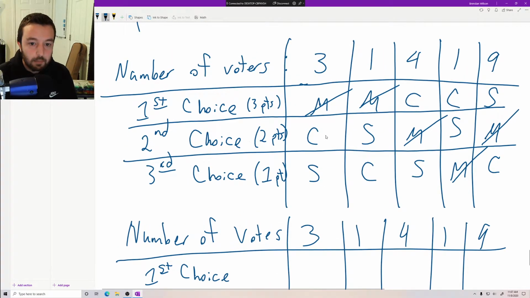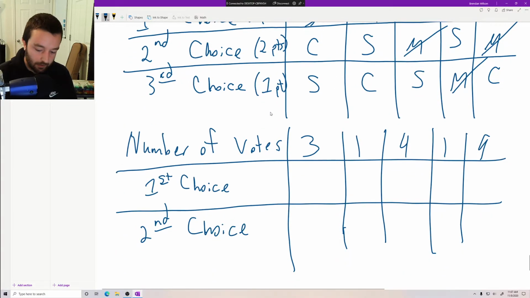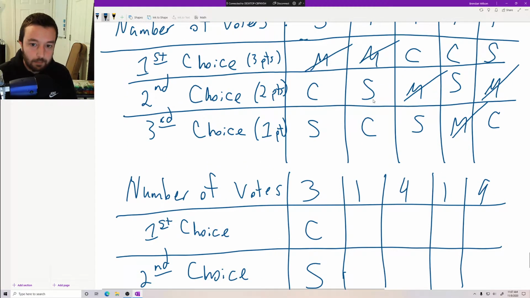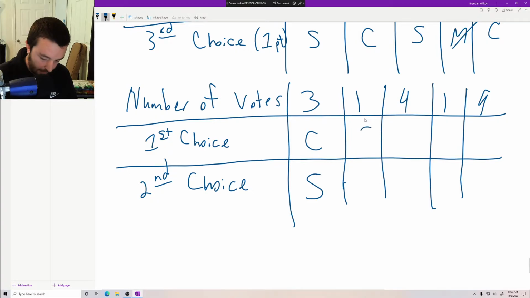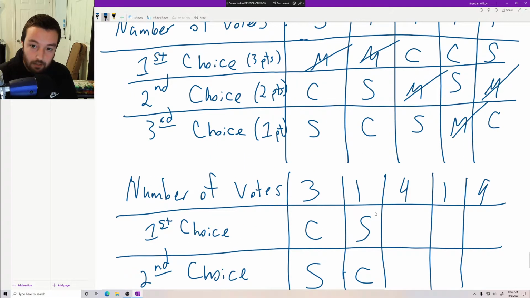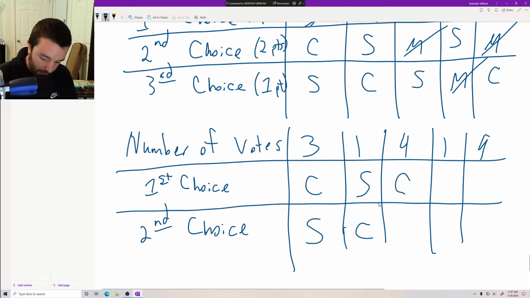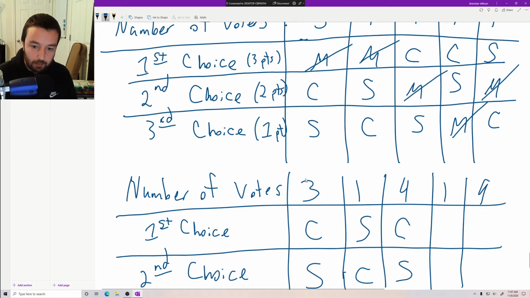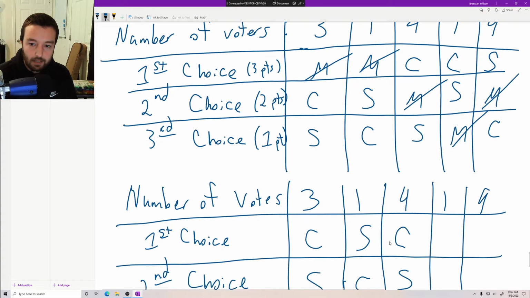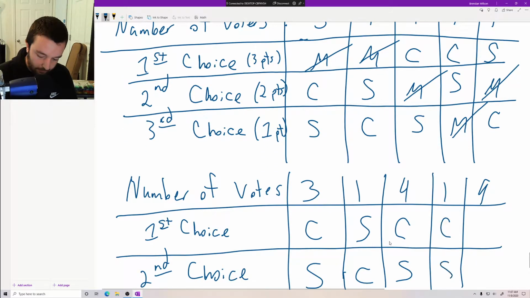So the people who picked Crunch as their second choice, because Miniatures are gone, we now assume that that's the first choice. So this would be C and S, because we're just moving everybody up. And this one is going to be S and C. This one is going to be C and S. So we could technically combine the first and third columns here, but it's not necessary. And then the last one is S and C.